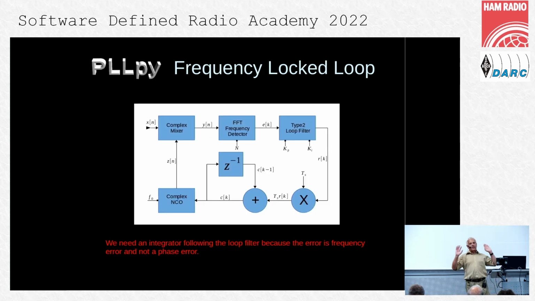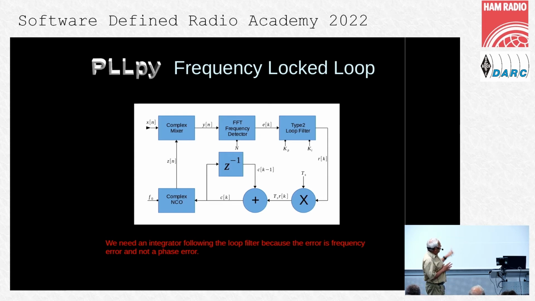Okay, this is a very interesting thing. It's a frequency lock loop. Okay, the topology is very similar to a PLL loop. The only difference is that it has a frequency detector, not a phase detector.